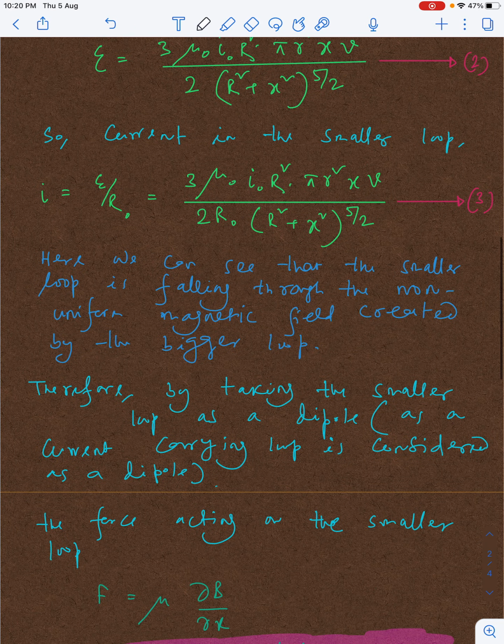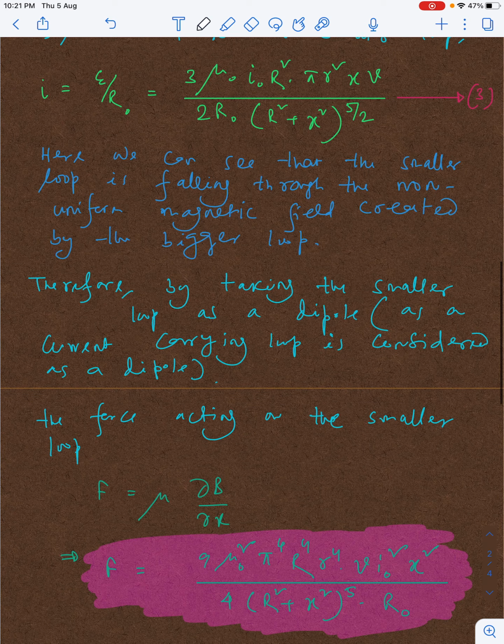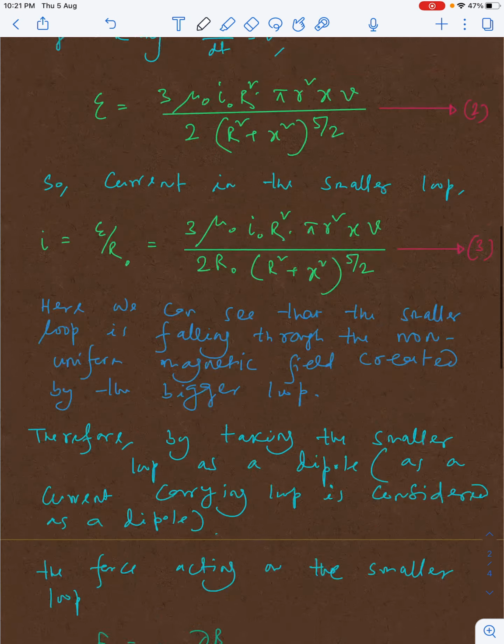So we can comfortably write, whenever a bar magnet or a dipole is falling through a non-uniform magnetic field, the force that acts on that dipole can be written as mu del B by del x. So mu is simply I into A, and the B value we have already seen.